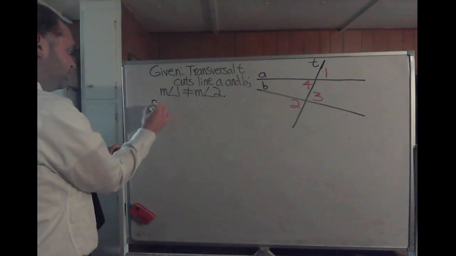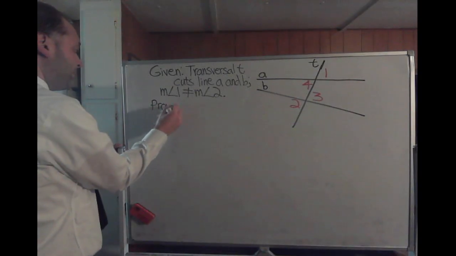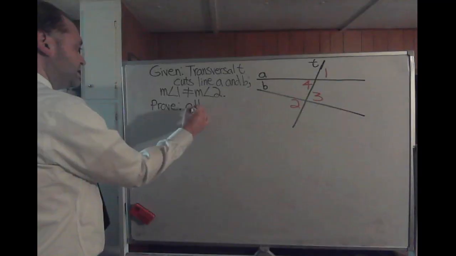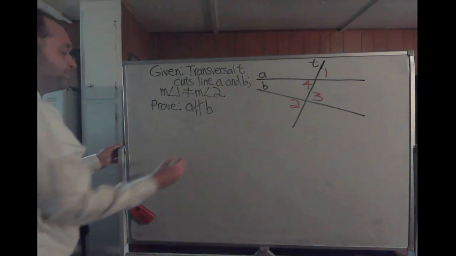We have to prove that A is not parallel to B.